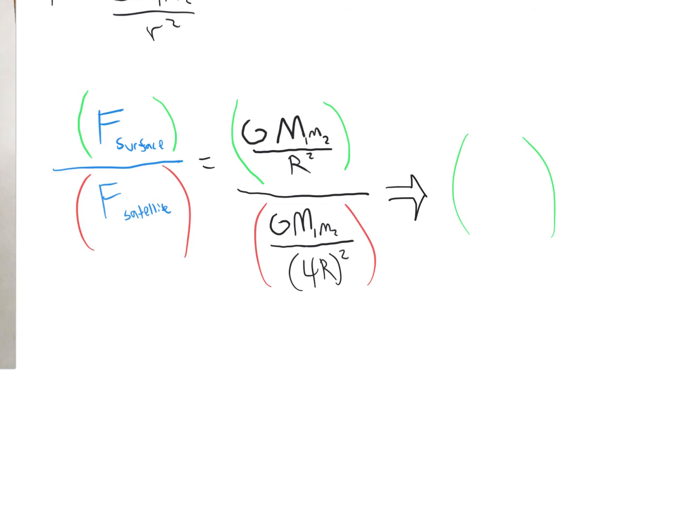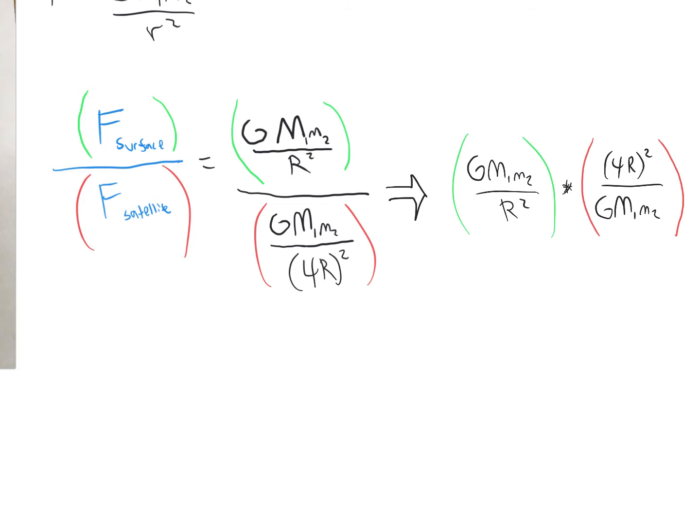We'll keep it color-coded. Keep the first fraction. And then you, of course, multiply that times the reciprocal of the second fraction, which is 4r squared all over g times m1, m2.